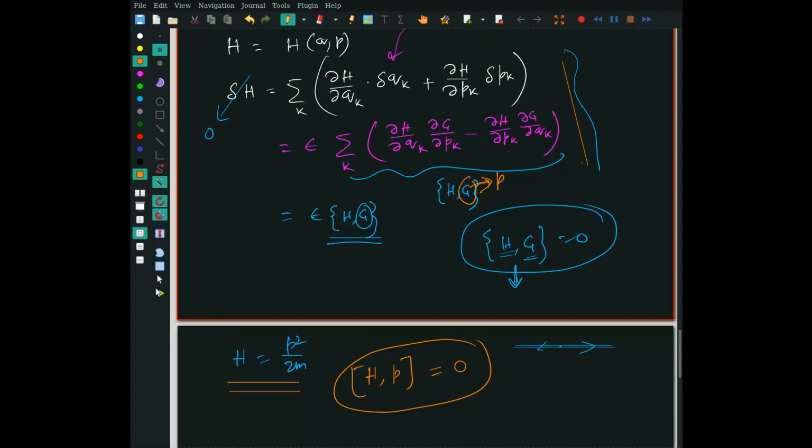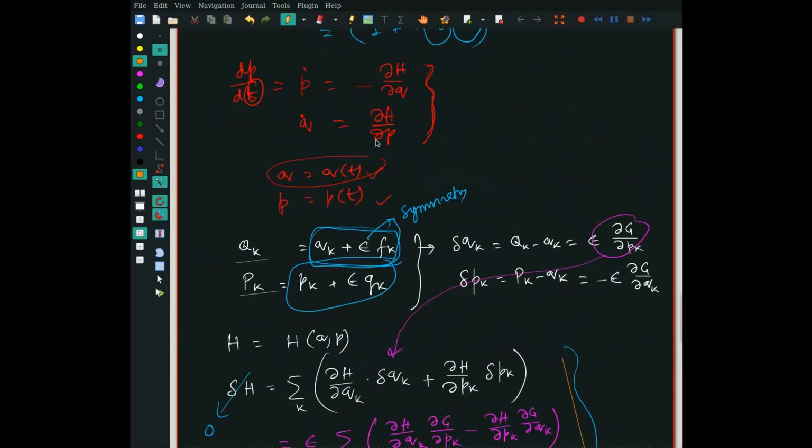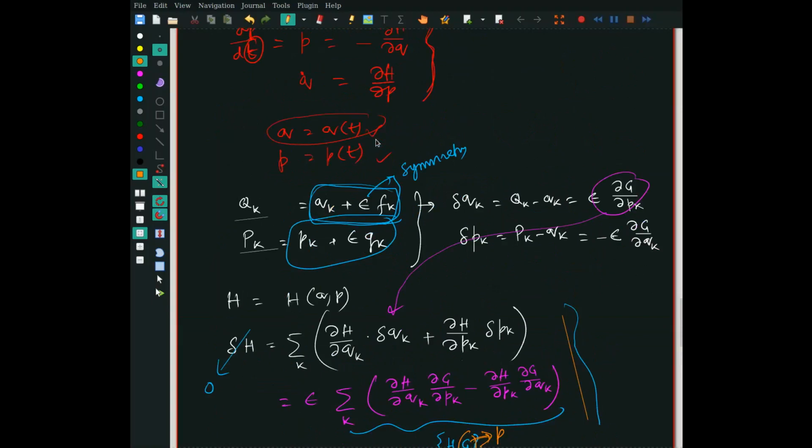Sir, you said earlier that we can choose any generator, but here we find a bound on the generator, with its Poisson bracket with the Hamiltonian being 0. So we can only have special generators. Is this the case? See, an arbitrary generator will generate arbitrary transformations.